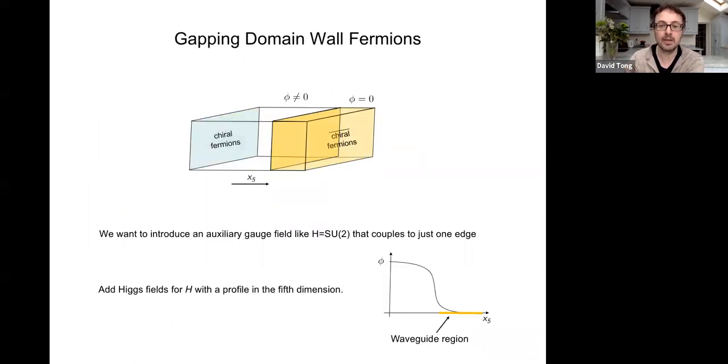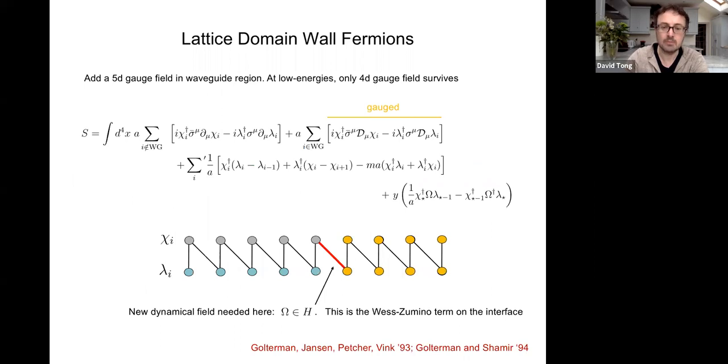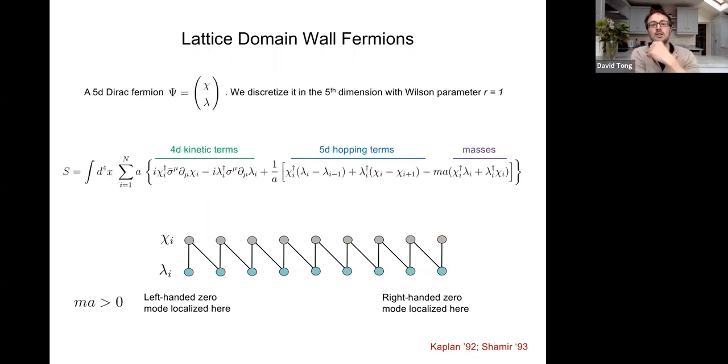I'll just show you this slide. There's an old idea on how you do this with domain wall fermions. It's an idea that goes back to Golterman and company in the 1990s.